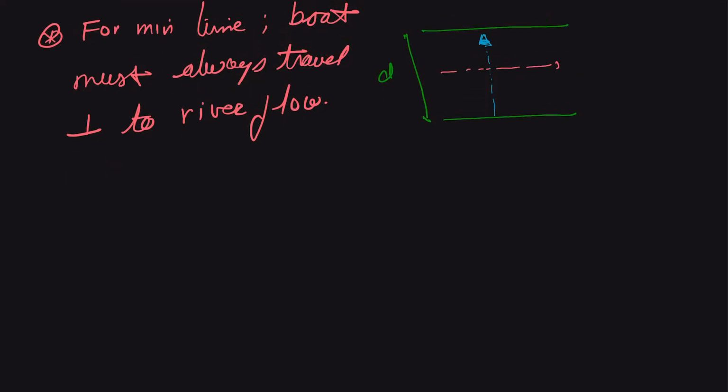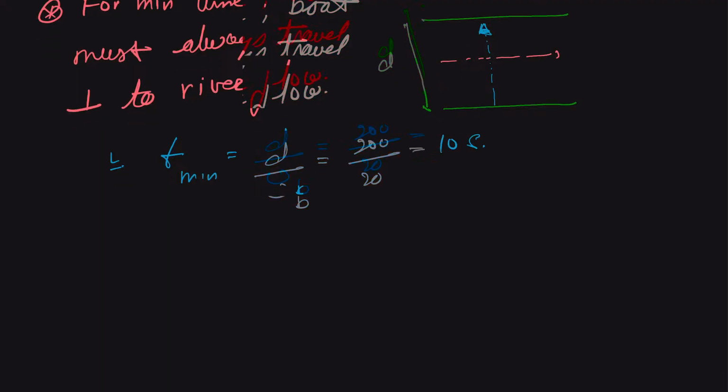Therefore, we can write that T minimum will be equal to the distance divided by the velocity of the boat, that is 200 divided by 20, which is about 10 seconds. Now we can find out the displacement.